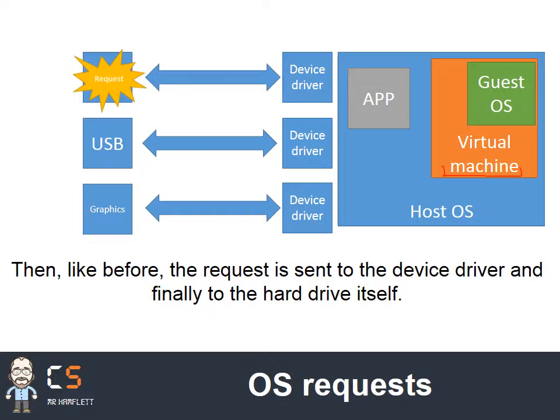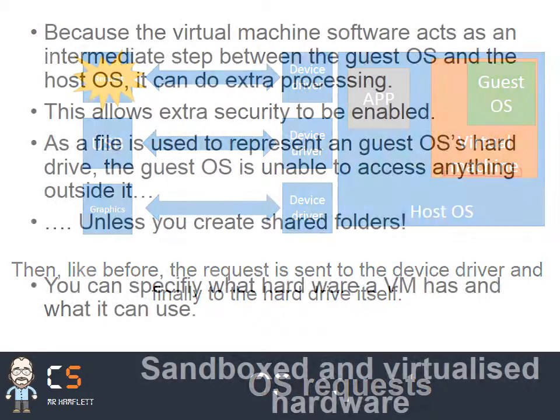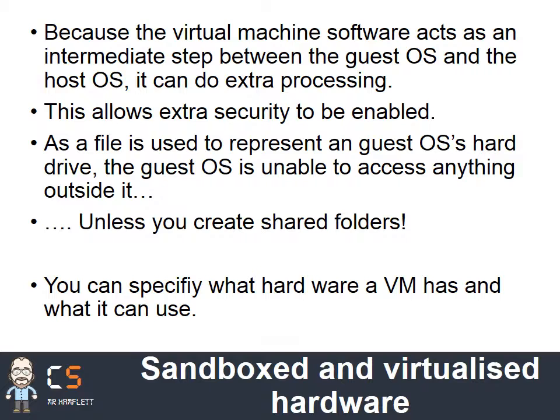Okay, so virtual machines such as VirtualBox, things like that, allow you to control precisely what devices and how much hardware the virtual machine can actually access. Because the virtual machine software acts as an intermediate step between the guest operating system and the host operating system, it can do some extra processing. So it allows us to add extra security.